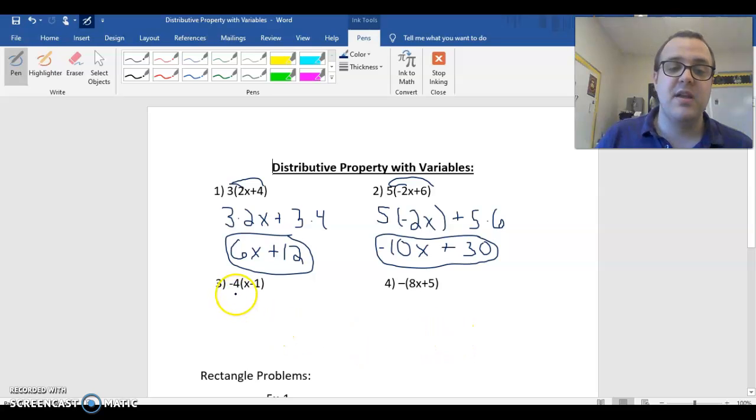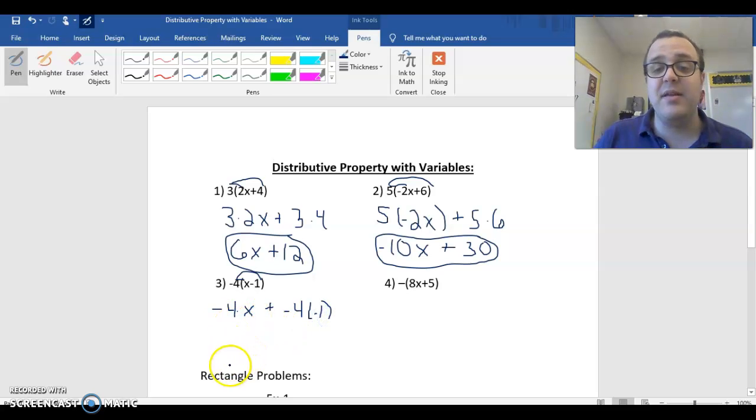Distributive property with variables. Same thing I did yesterday, just adding in that small extra step because I have that x there, okay? Down here, do the same thing, draw my double rainbows. Negative 4 times x, and then plus negative 4 times negative 1. Now, there's two ways to think about this. When you go to do your negative 4 times x, it's just going to be negative 4x.